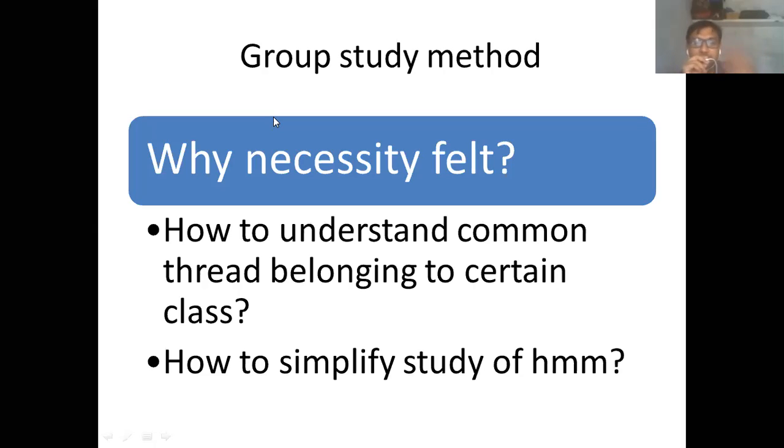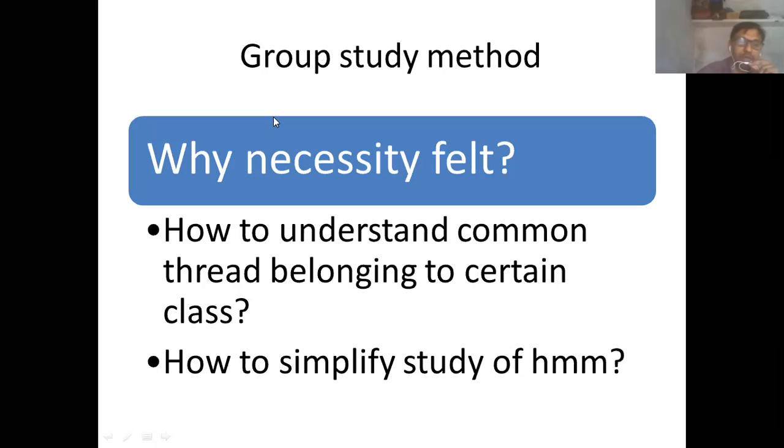So this was a common thread of all these drugs belonging to the same group, and the persons who were studying materia medica could not understand why this common thread exists in this particular group of remedies. And then they studied to link this common thread. They evolved the group study method.